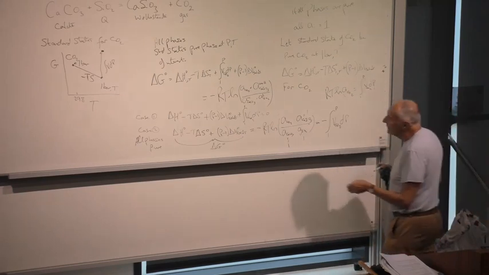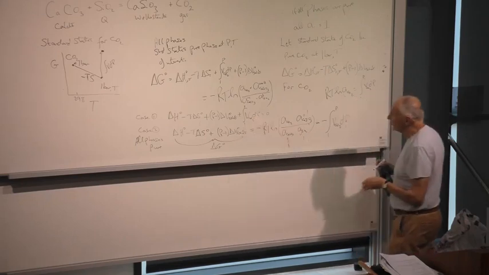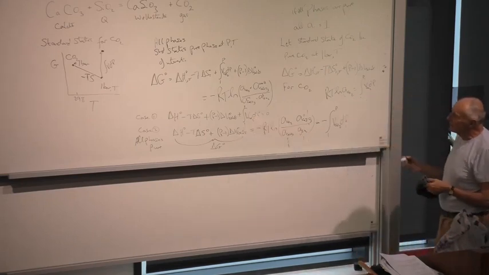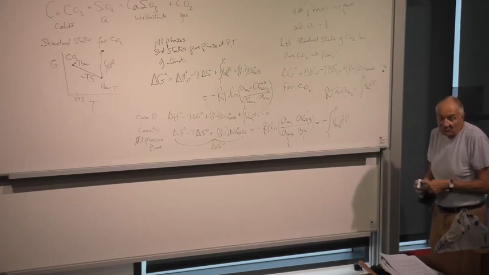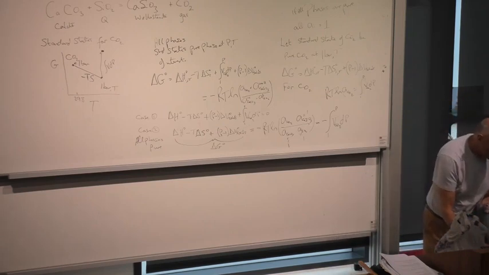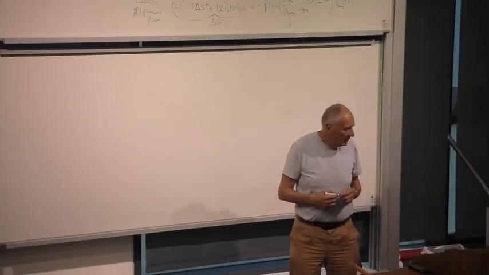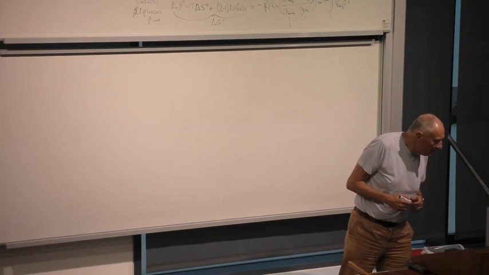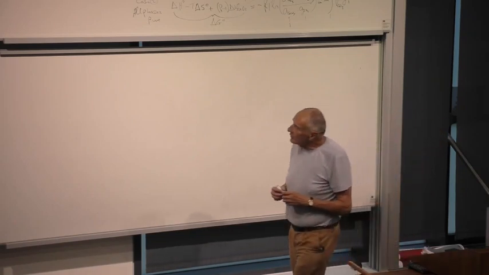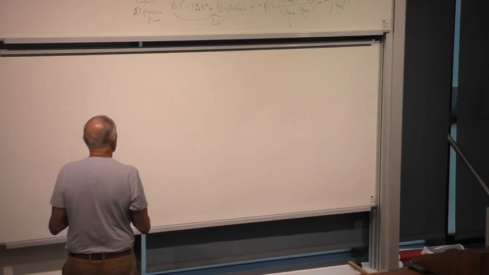So now, this term goes on the other side of the equation. So instead of being 0, it's that. But it's exactly the same answer. So it doesn't change. Alright, so we have these two answers which are the same answer.